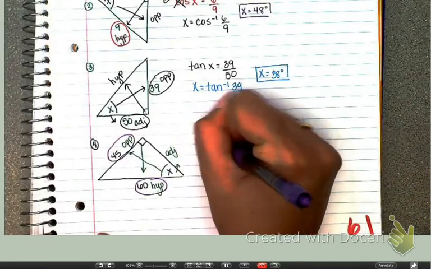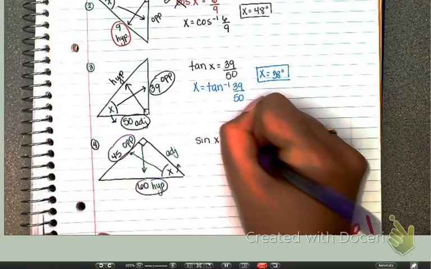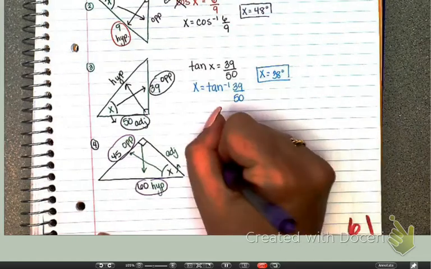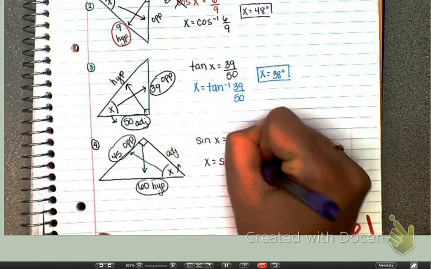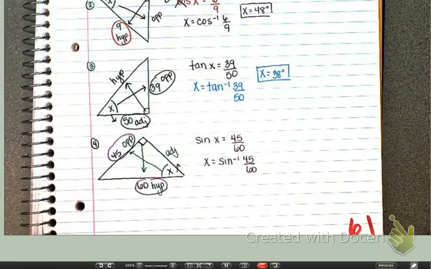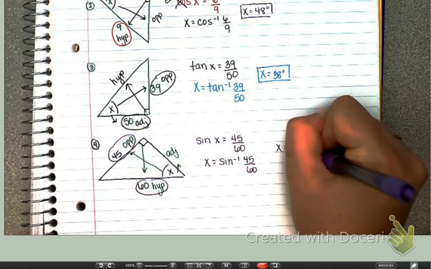The sine of my angle equals the opposite over the hypotenuse. How do I get rid of a sine? Take the inverse. So the inverse sine of 45 over 60 will give you 49 degrees.